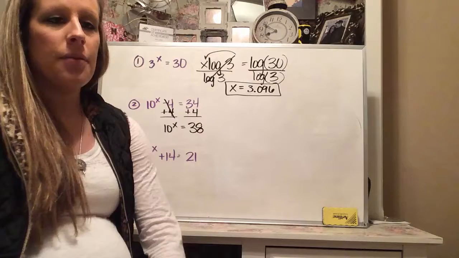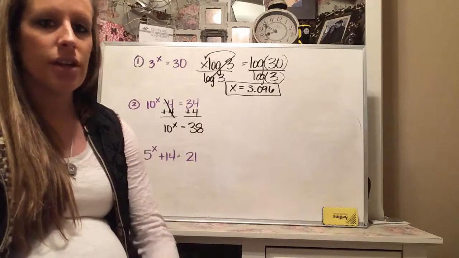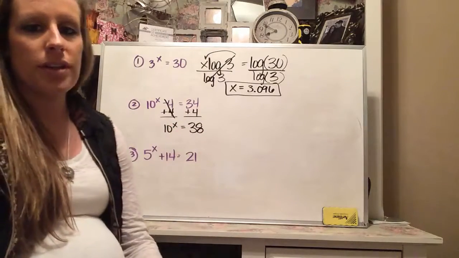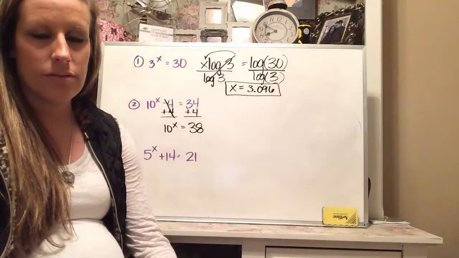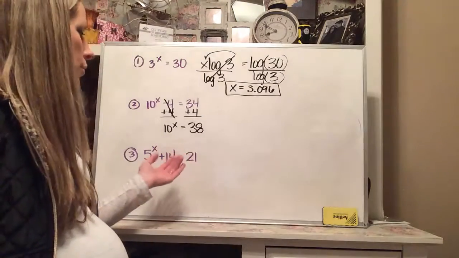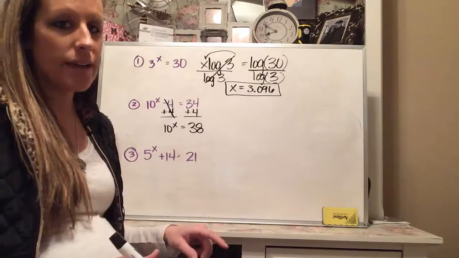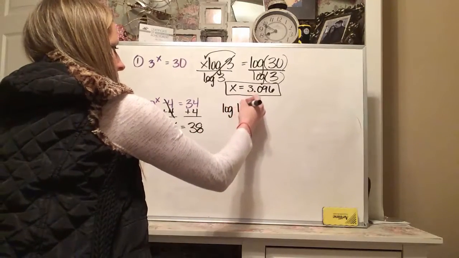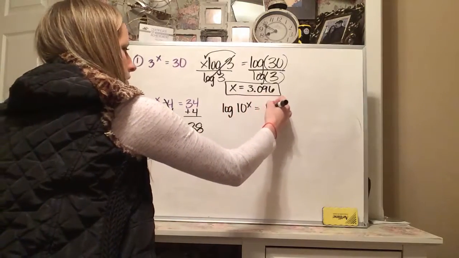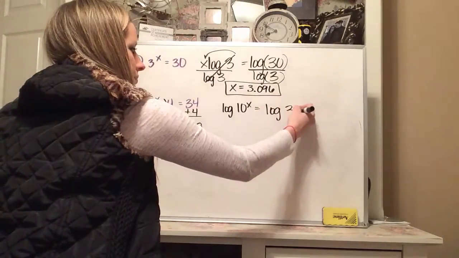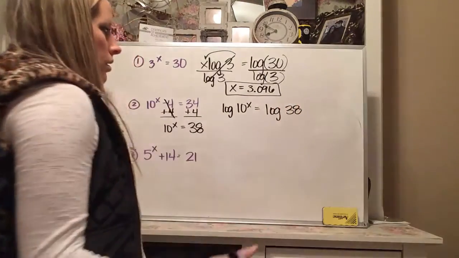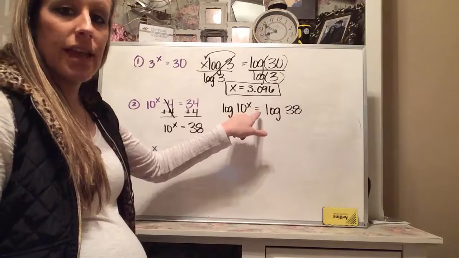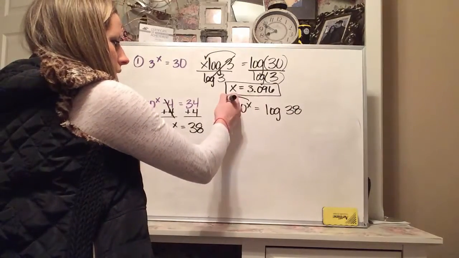There's not a whole number exponent that would give us 38, right? So what we can do is take the log of both sides. So log of 10 to the x power equals log of 38. I'm going to move the x in the exponent to the beginning.